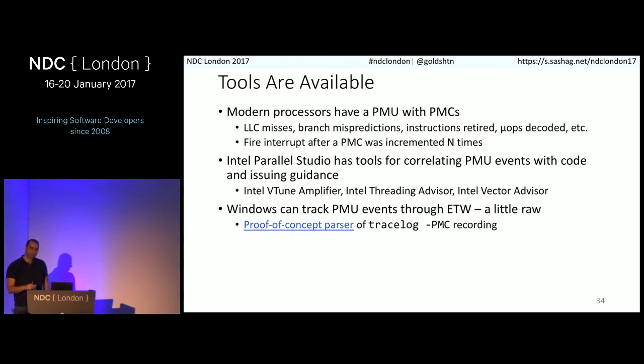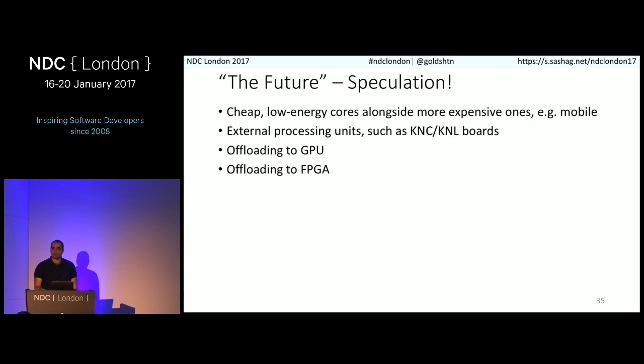Looking into the future, finally, we'll probably see even more complex systems, even more complex processors that we have to optimize for. For example, we might see systems where you have hybrid cores, you have faster cores designed for certain tasks, and slower cores which consume less energy, which would be dedicated to somewhat other tasks. So you'd have to think about scheduling work across cores.